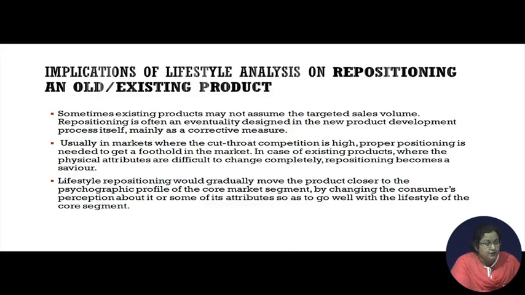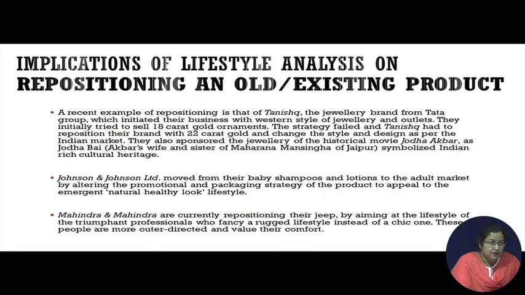Now, lifestyle repositioning would gradually move the product closer to the psychographic profile of the core segment by changing the consumer's perception about it or some of its attributes, so as to go well with the lifestyle of the core segment. Here I will give the example of Tanishq, a well-known brand from the Tata Group, which was initiated in India with a business of Western-style jewelry and outlets.